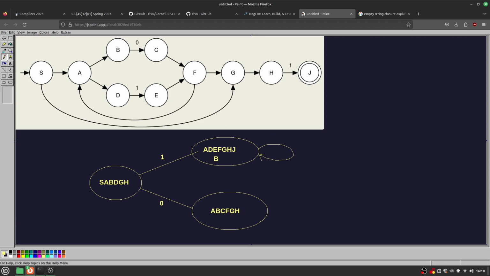Taking a 1 just takes us to the state that's the same as what we already have. What about taking a 0? Let's try that one out. 0.